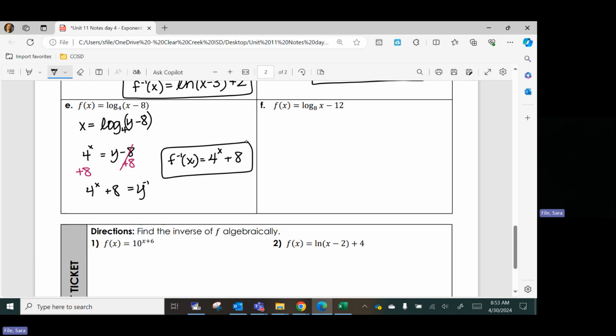All right, here is one where I'm going to rewrite, switch the x and y. There is no parentheses here. So in this one, that constant does move first.